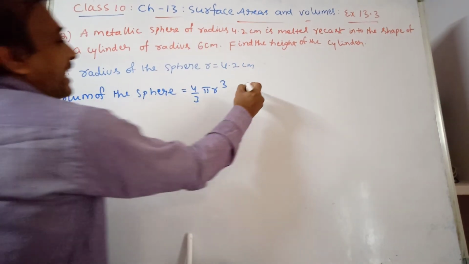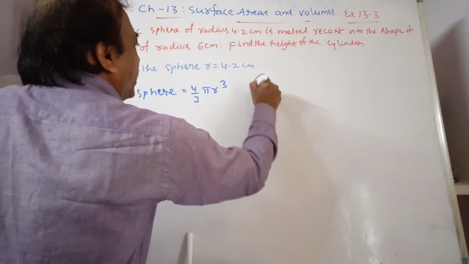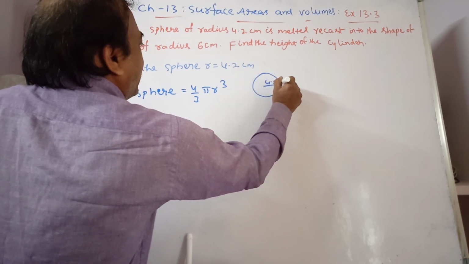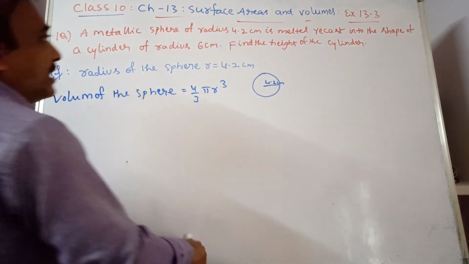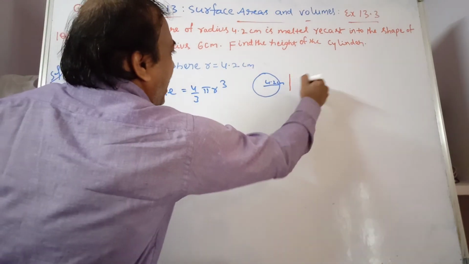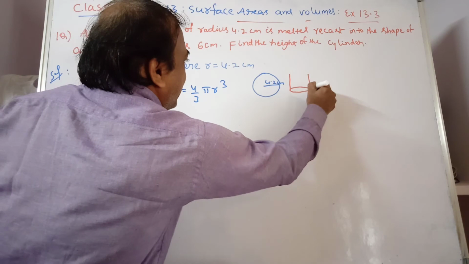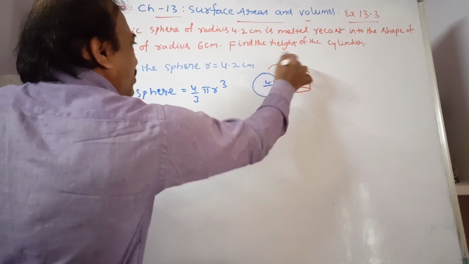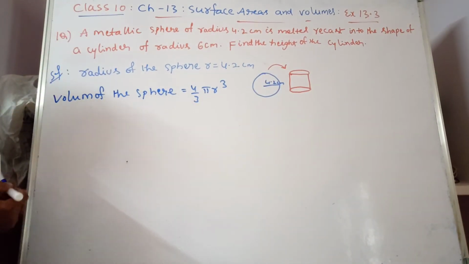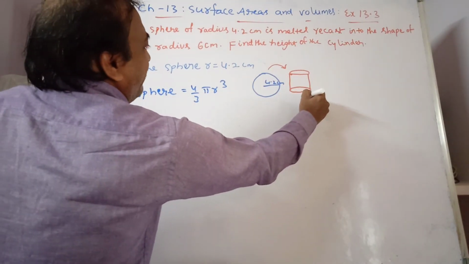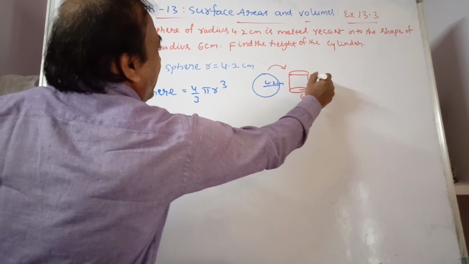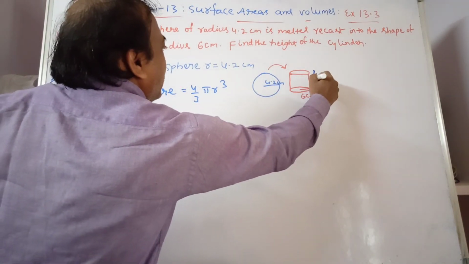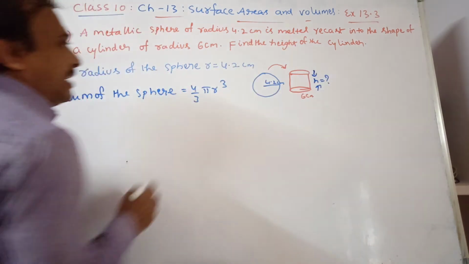They are converting this sphere of radius 4.2 centimeter into a cylindrical shape which has a given radius, and you have to find the height. This is recasting. From here to here they are melting and forming a cylindrical shape where the radius is given as 6 centimeter. You have to find how much height it can be. This is the height, h. That is what we have to find.